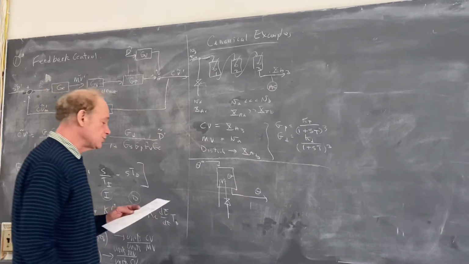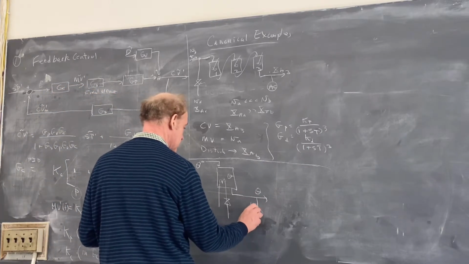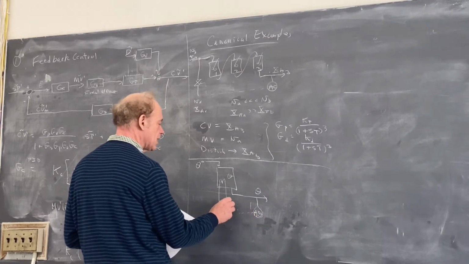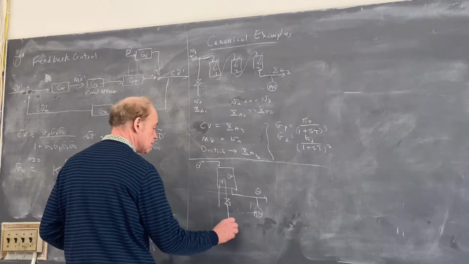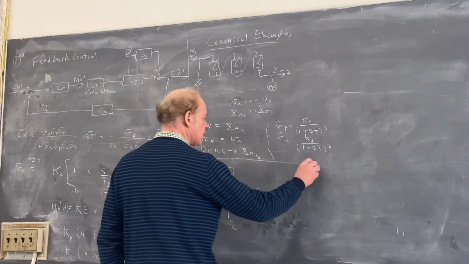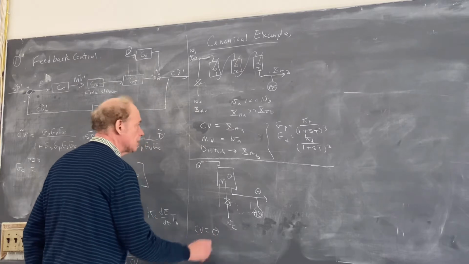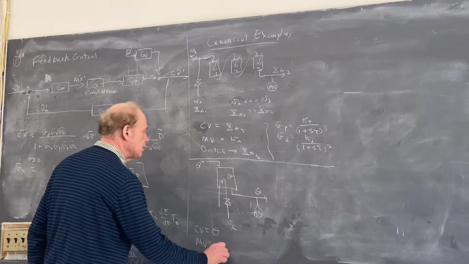Of course I measure theta, and if I don't like it, I change the coolant flow, VC. In this case, the control variable is theta, and the manipulated variable is VC.